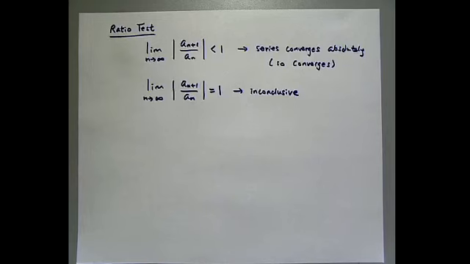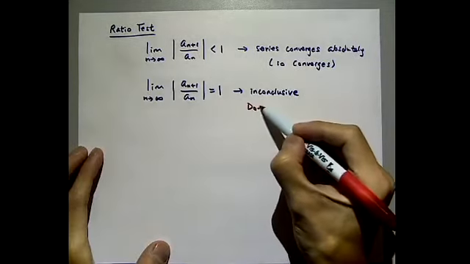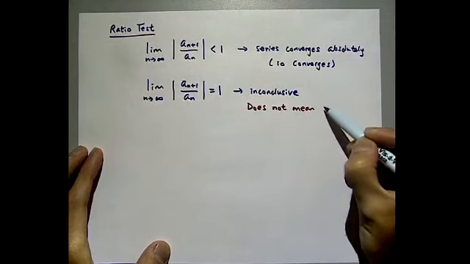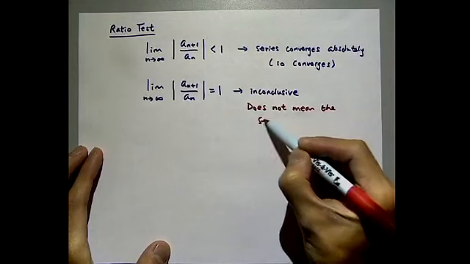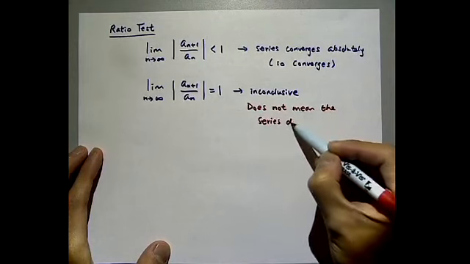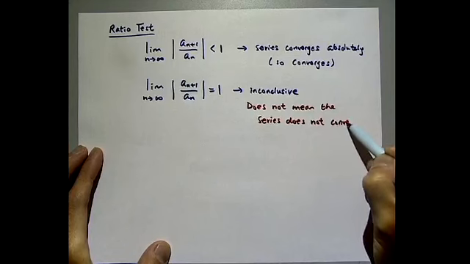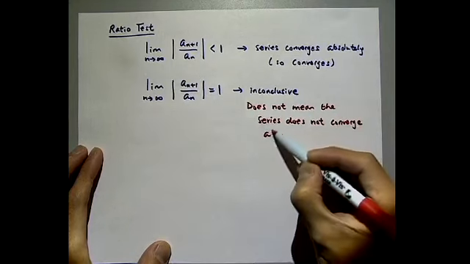If the ratio turns out to be exactly equal to 1, then it's inconclusive. It does not mean the series does not converge absolutely.